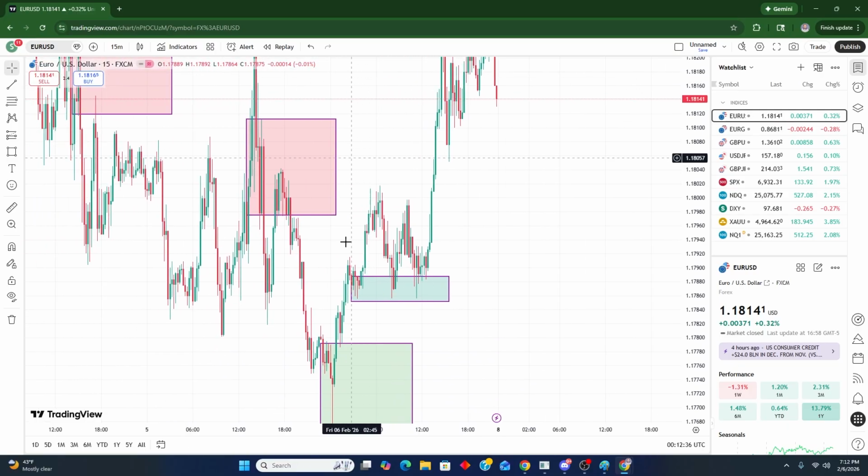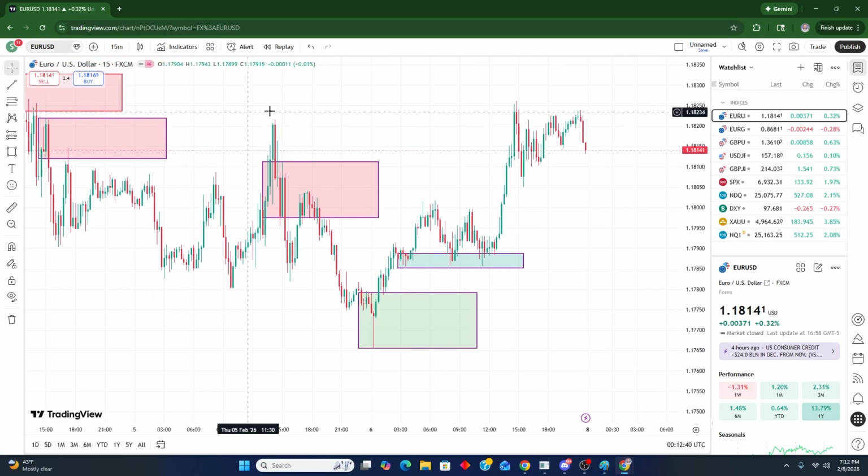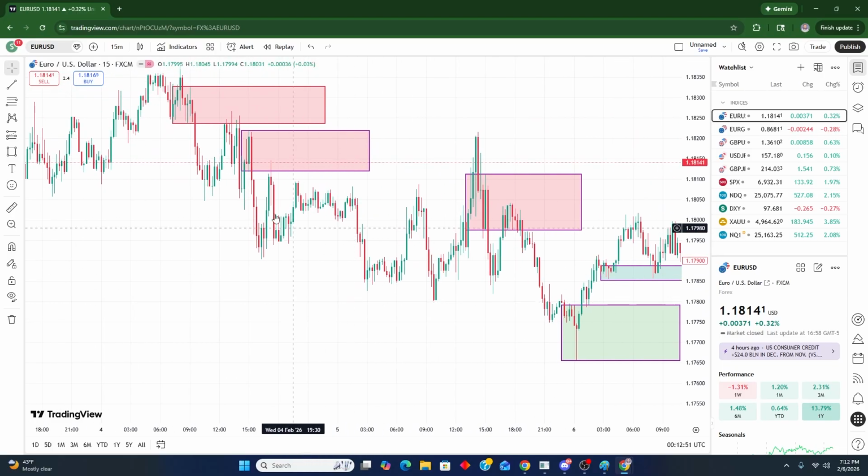Now some sells. We came here, we pushed down, we pushed up, aggressive push down, we came back into it, this whole candle here, and then we pushed down aggressively again. We have another one. We came up, we pushed up, we pushed down, we pushed up, pushed down, came into here, pushed down again.